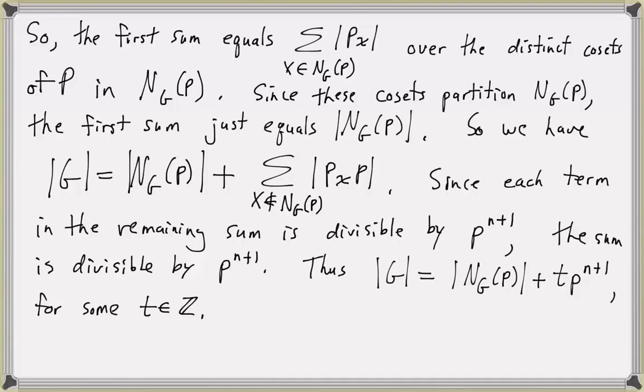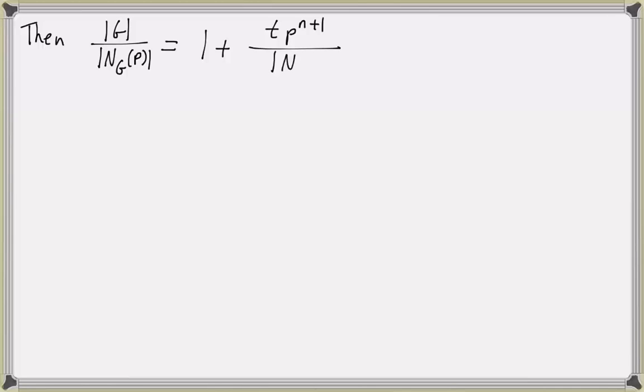Now we are going to take this resulting equation and divide each term by the order of the normalizer of P. So then the order of G divided by the order of the normalizer of P equals 1 plus t p to the power n plus 1 divided by the order of the normalizer of P.